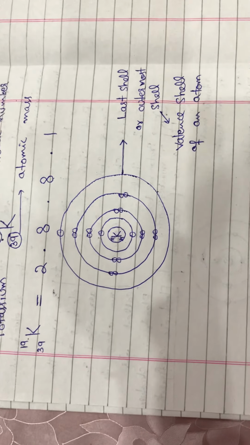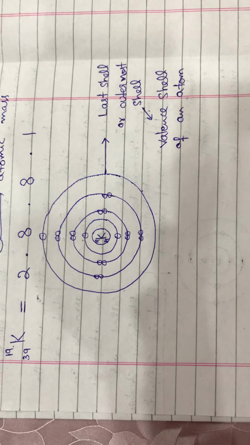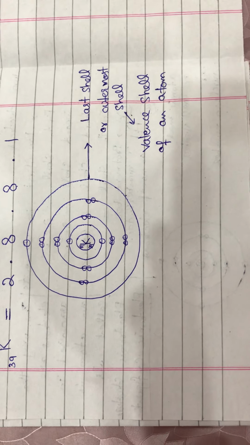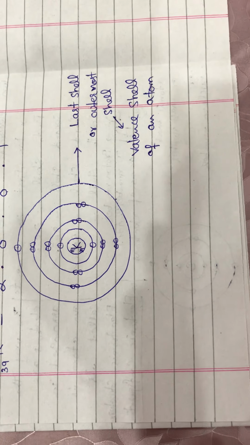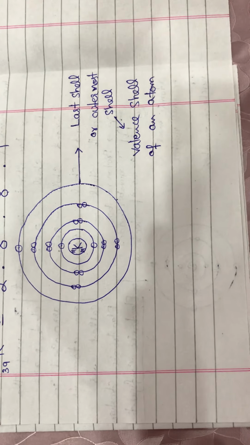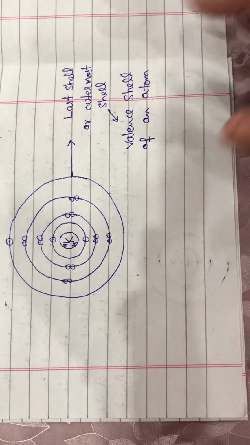This is its valence shell. What is the valence shell or last shell or outermost shell? The last shell or the valence shell is the shell that is furthest from the nucleus, that is at the end from the nucleus.